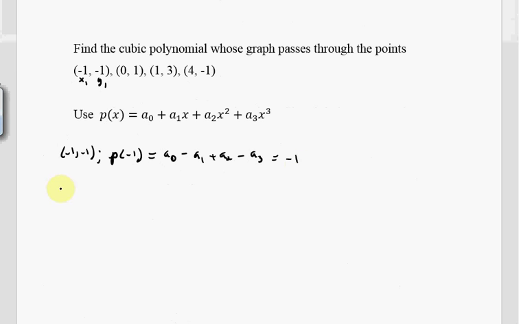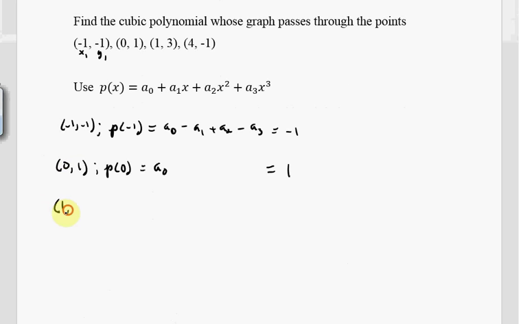Right? The next point, 0, 1. So we get p of 0, plug in x equal to 0. So I get a0, all the other terms go out, that's equal to 1. The third point, 1, 3. So we get p of 1, plug in x equal to 1 into this polynomial.